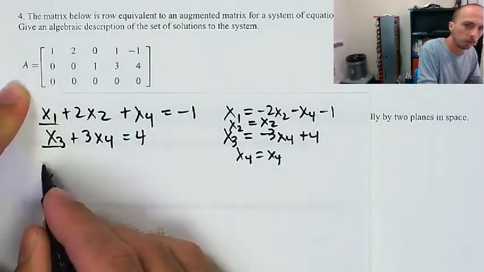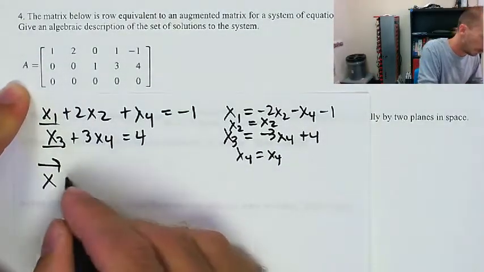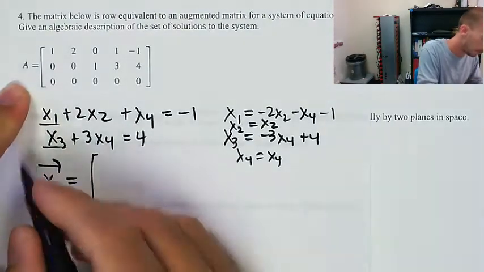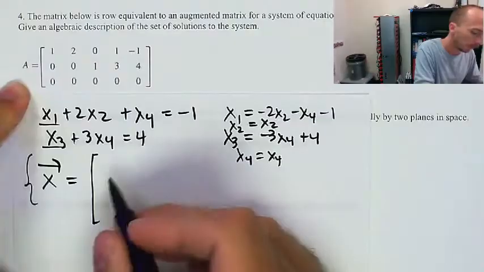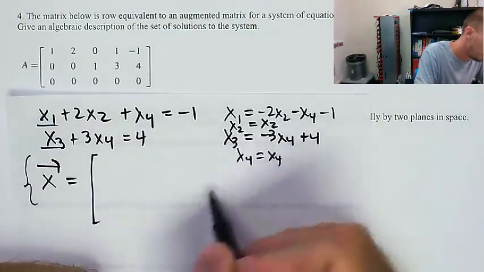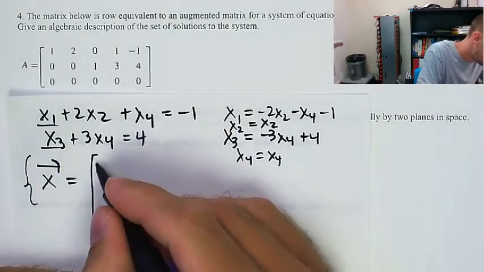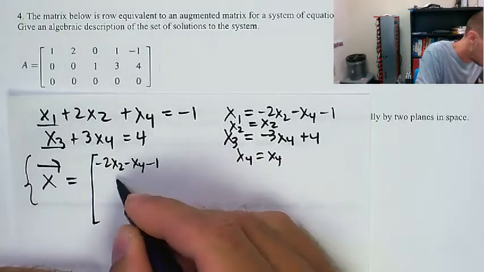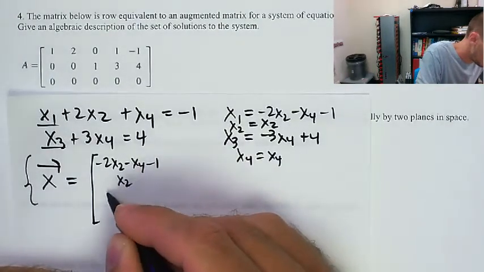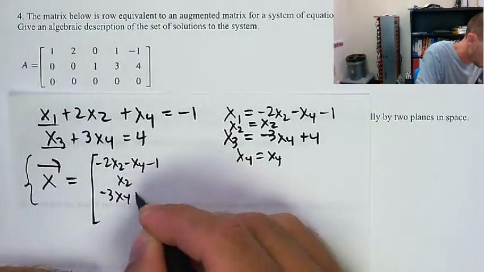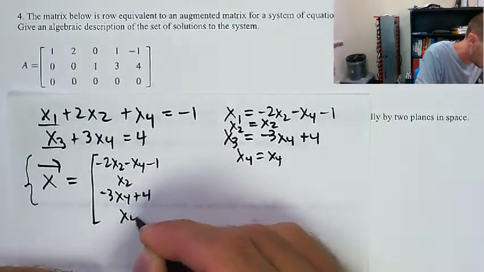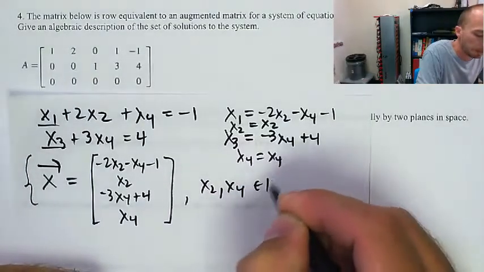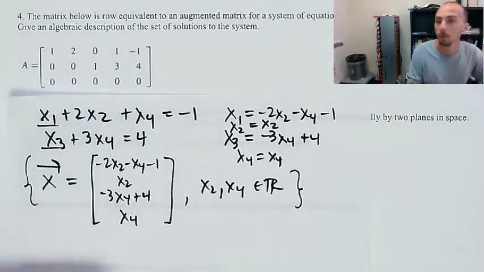So you could say the solution set is the set of all x that's equal to negative 2x2 minus x4 minus 1, x2, negative 3x4 plus 4, and x4, where x2 and x4 are pretty much allowed to be whatever they want.